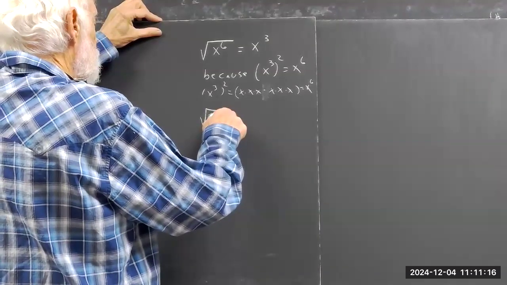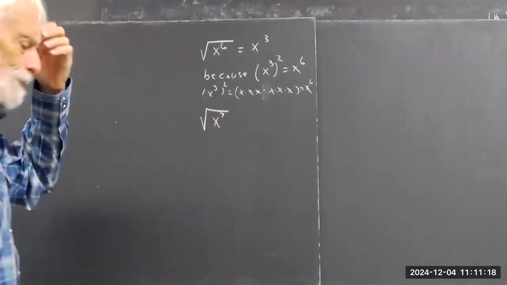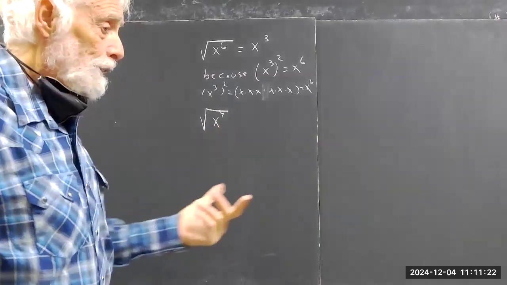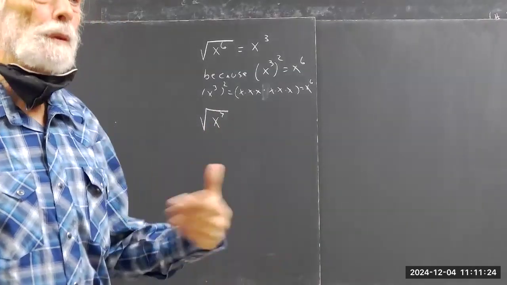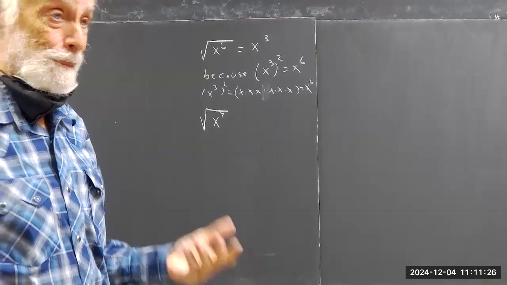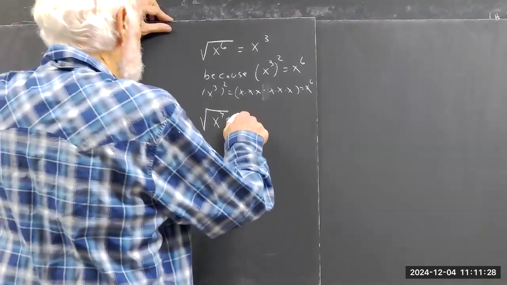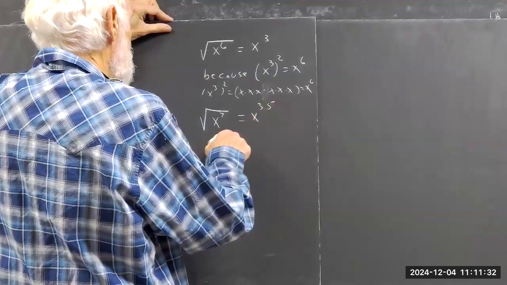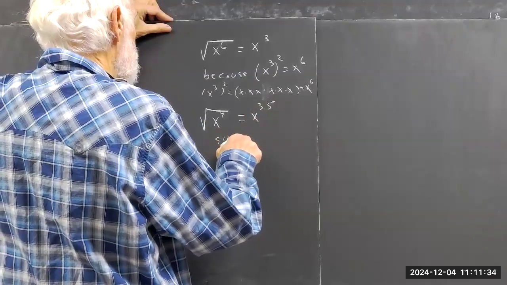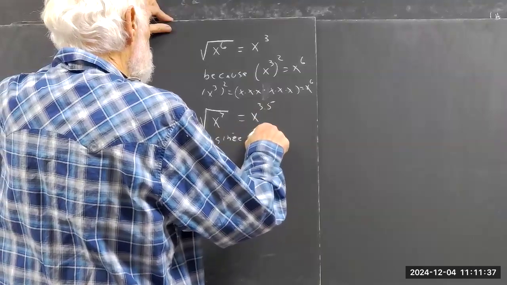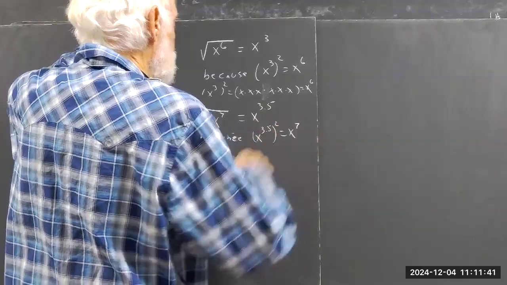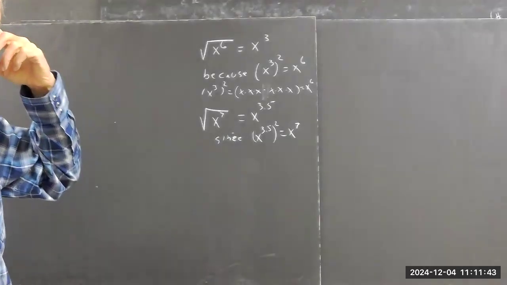Now, the square root of x to the seventh. You could say that's x to the 3.5, and that would be right, since x to the 3.5 squared does equal x to the seventh.